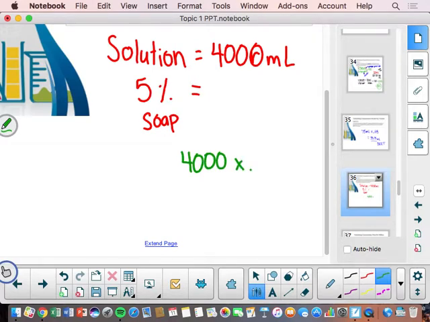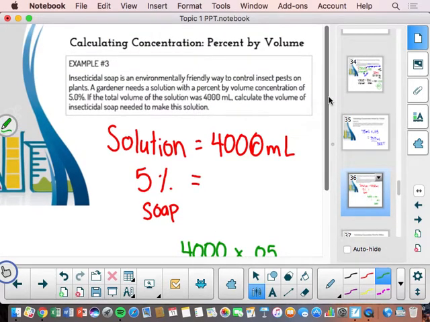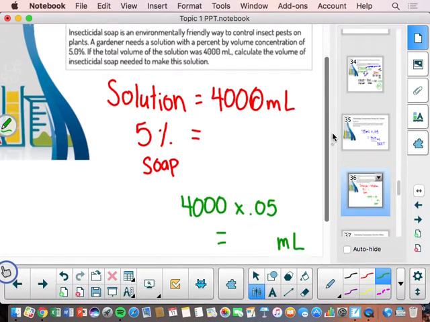Put it into a decimal, or you could go 5 over 100, 0.05. And that'll tell us how many milliliters of insecticidal soap we'll need in our solution.